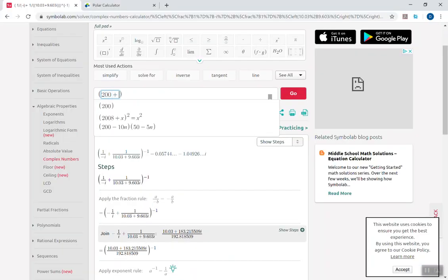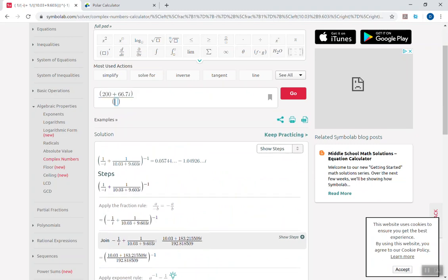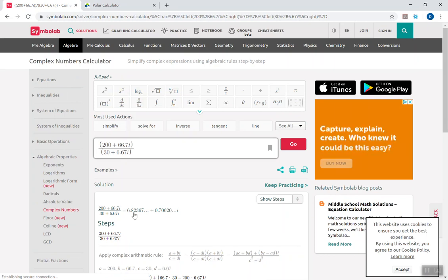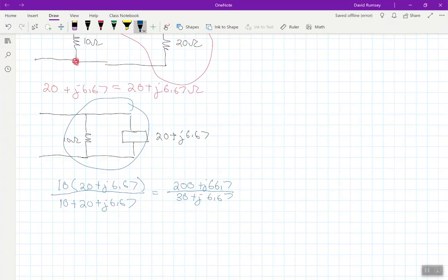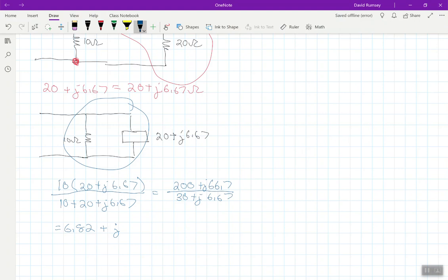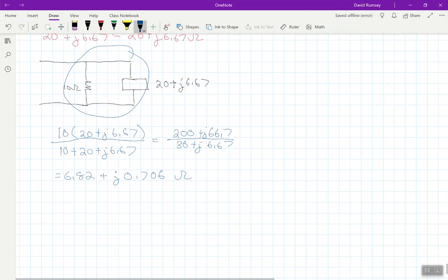So 200 plus 66.7 I divided by 30 plus 6.67 I. Hit enter, and we get 6.82. So this is 6.82 plus J 0.706 ohms.